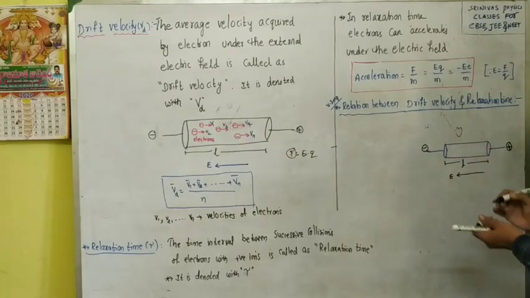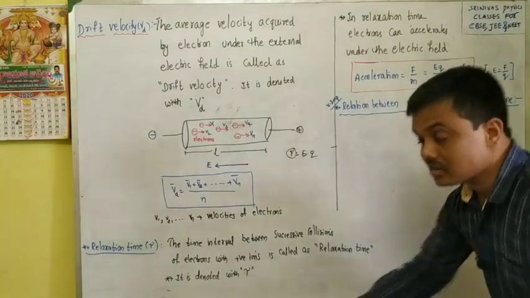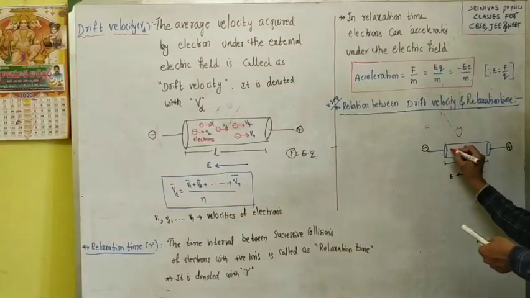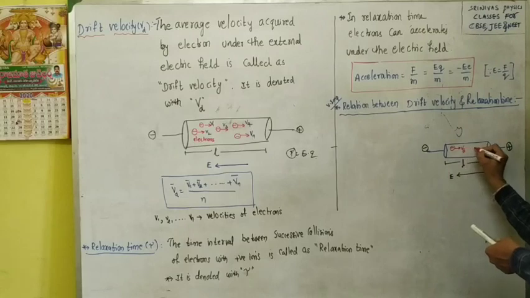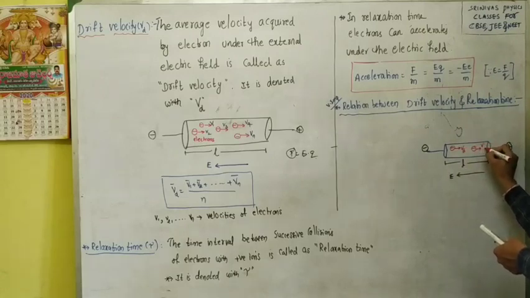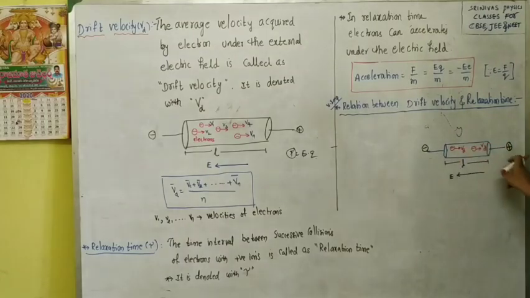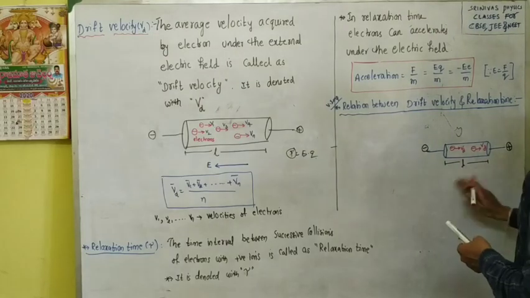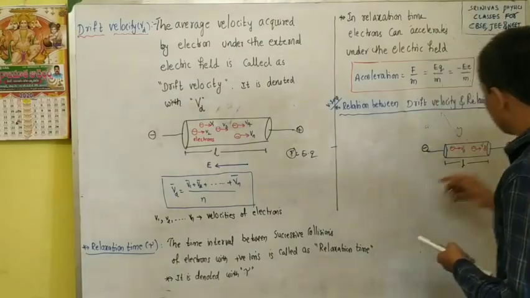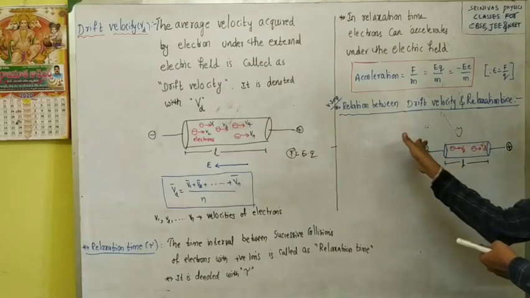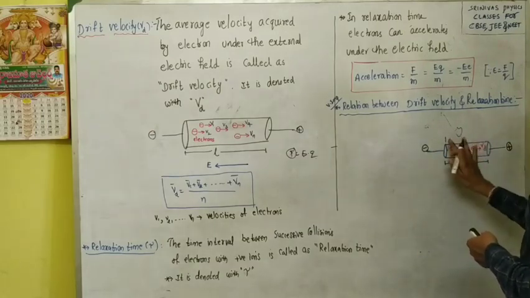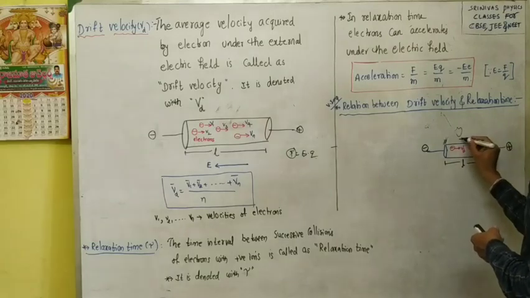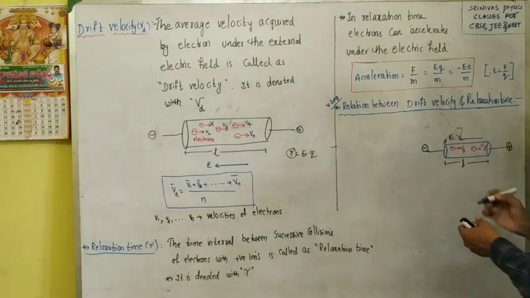Electrons in the conductor move from negative to positive. When the electric field is applied, some current will also flow. The current direction is from positive to negative, and electrons move from negative to positive. This is the direction of the electric field, to the left side.